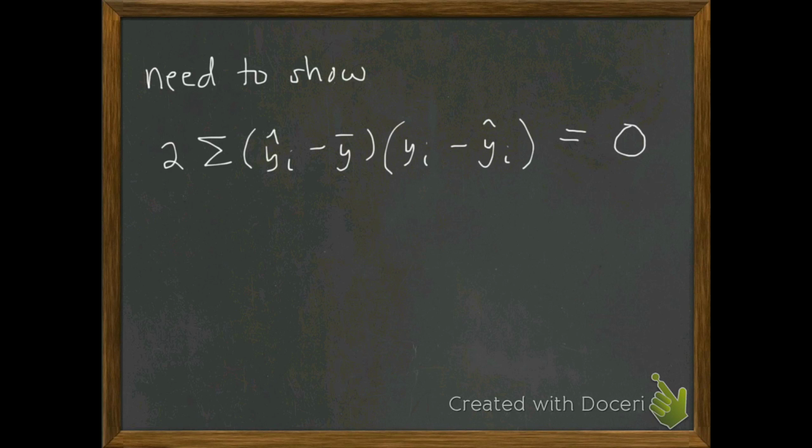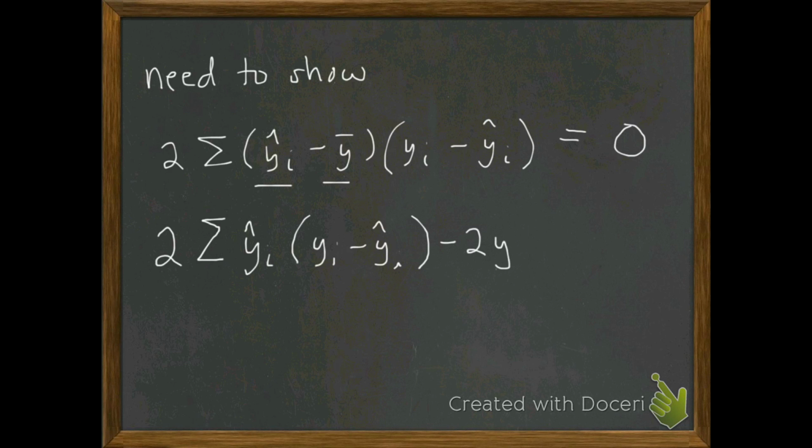So what I can do here is take 2 times the sum, let's take this term times that, and then we can take 2 times, what would actually be negative 2, times y bar.